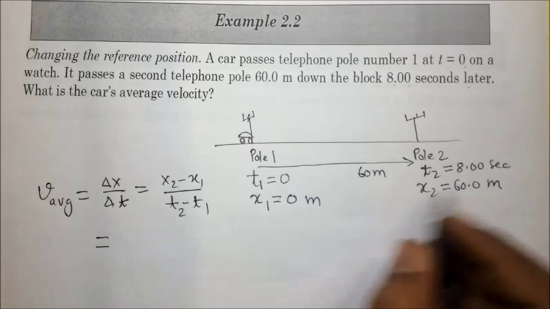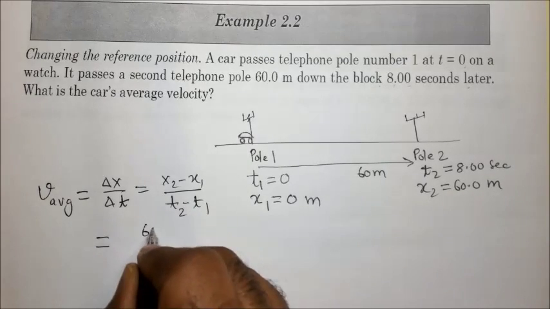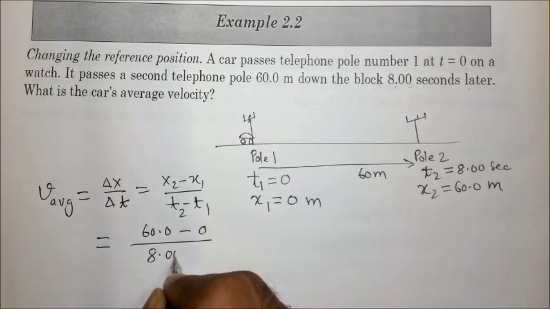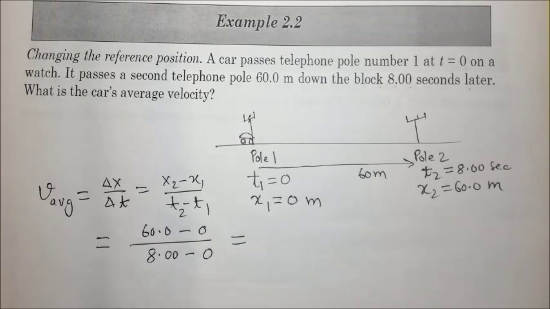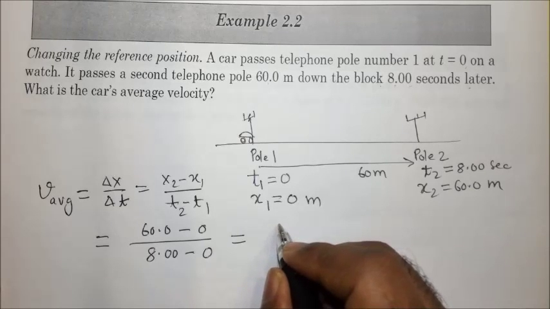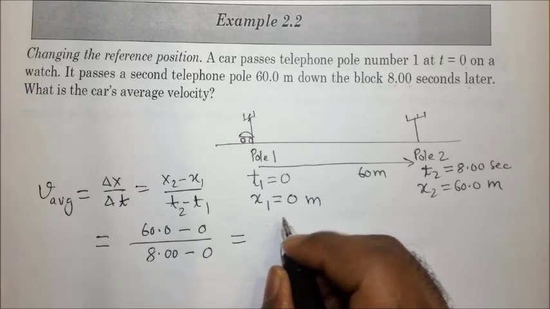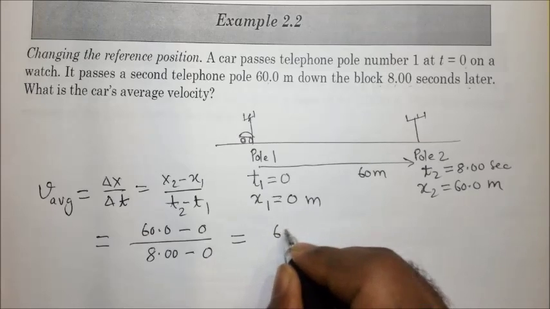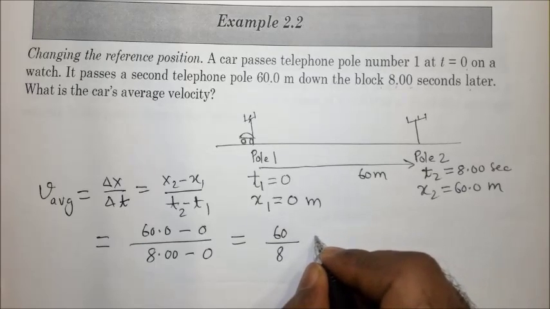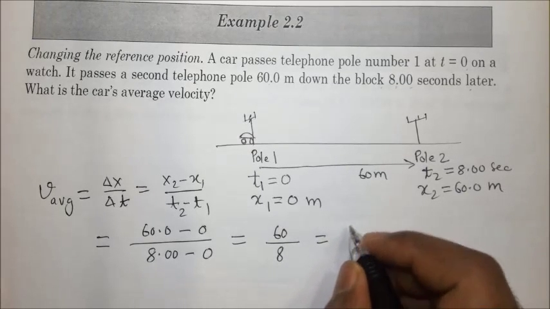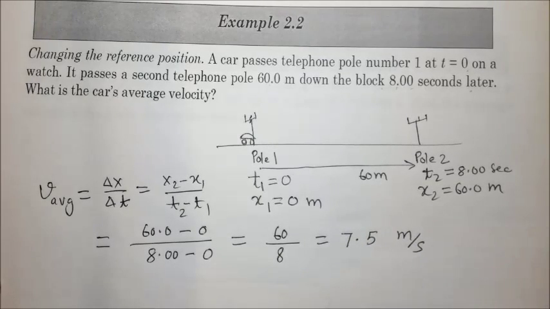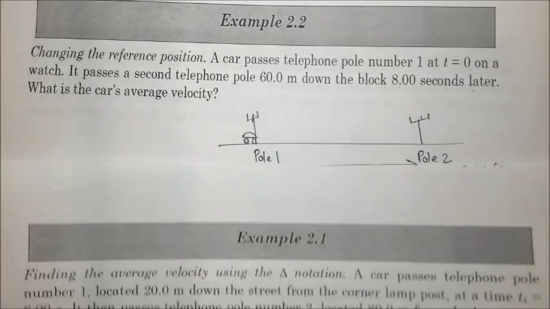So this becomes 60.0 minus 0 over 8.00 minus 0, is equal to 60 by 8, and this is equal to 7.5 meter per second.